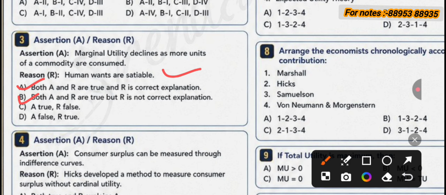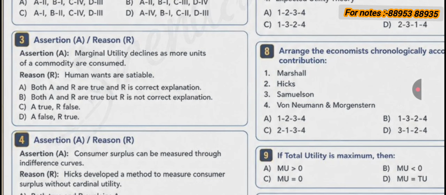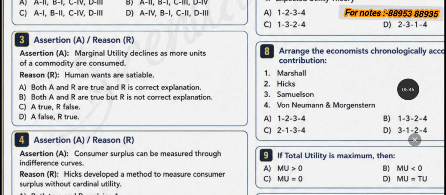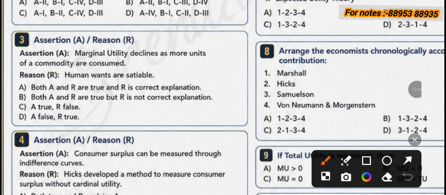Option B is both A and R are true, but R is not the correct explanation. Option C is A is true, R is false, and the last option D is A false, R true. What is the right answer? The right answer is option B, which is both A and R are true, but R is not the correct explanation, which is human wants are satiable.